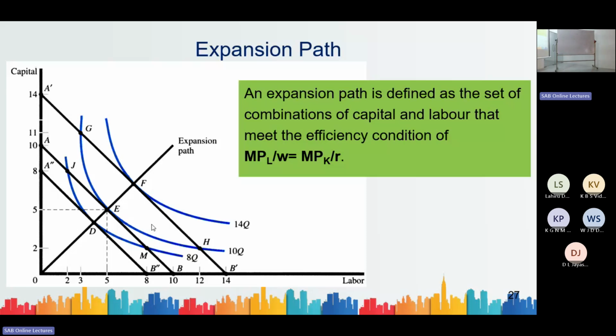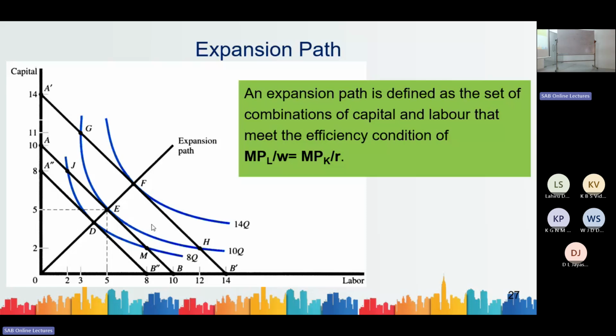And what is MPK over R? MPK over R is additional output that can be obtained by spending one additional rupee on capital. So at equilibrium, these two values should be the same.